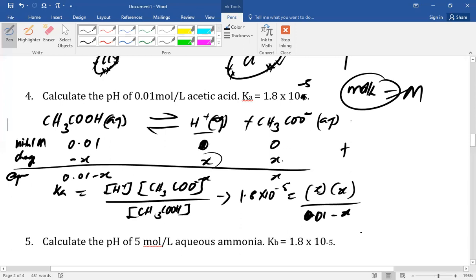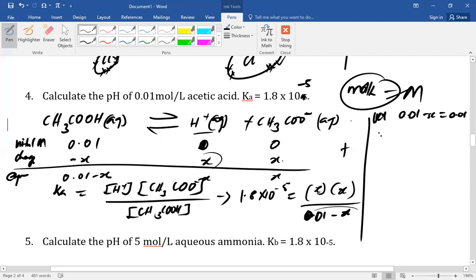So if x is very small, let x be very small. That means we're going to have 0.01 minus x is just 0.01. So instead of using this for the denominator, we'll use 0.01.